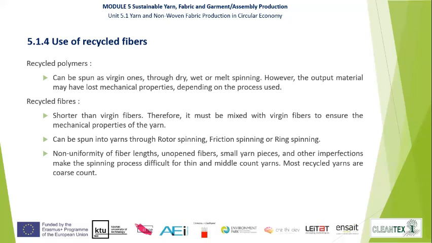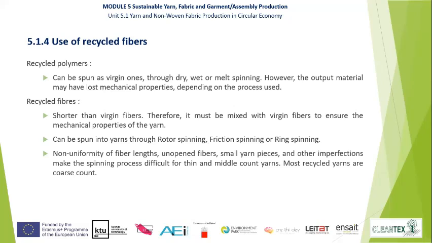When we want to use recycled fibers in the staple yarn, it's necessary to know that the recycled fibers are shorter than virgin ones. It is therefore necessary to mix the recycled fibers with virgin ones to ensure the mechanical properties of the yarn.